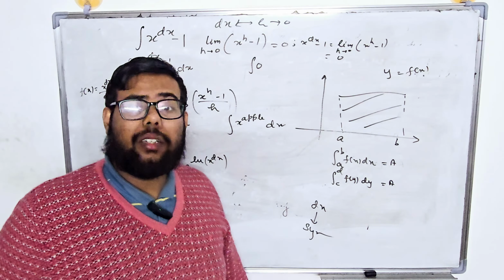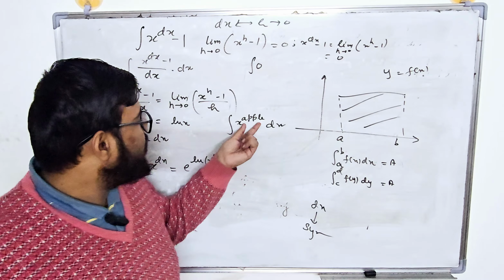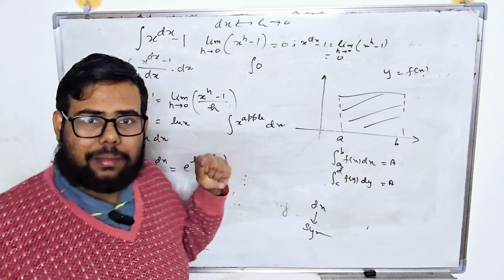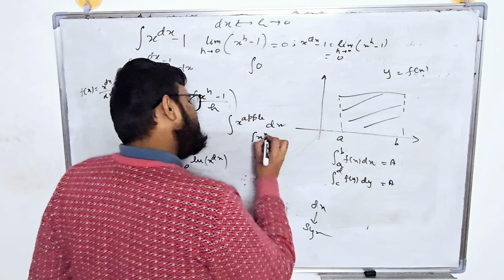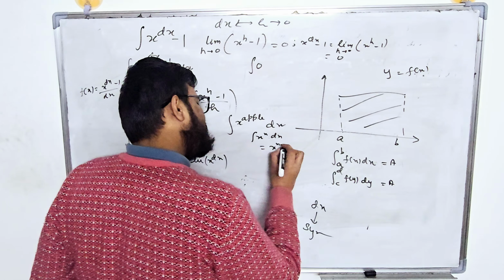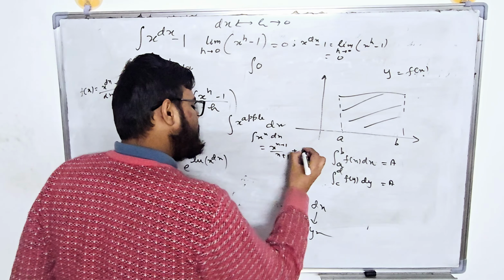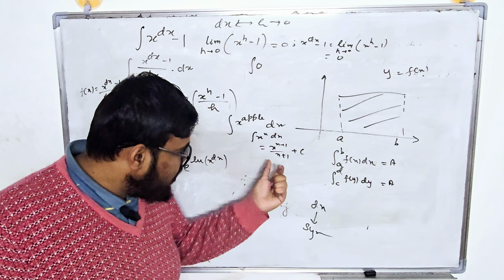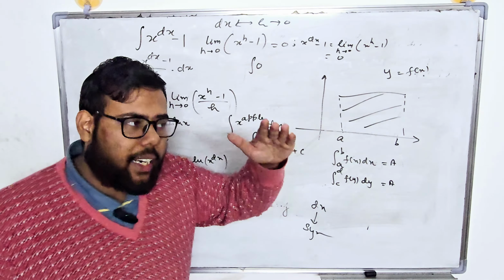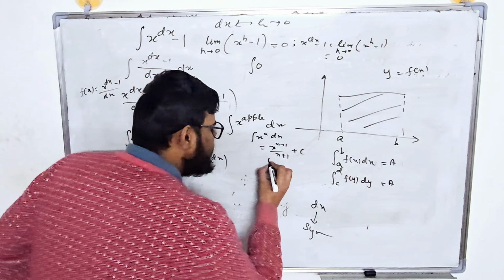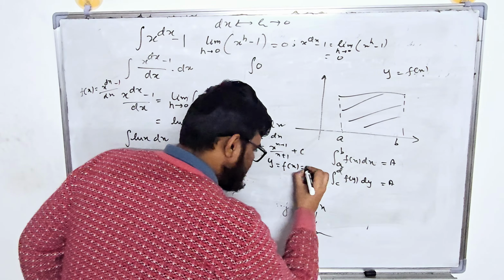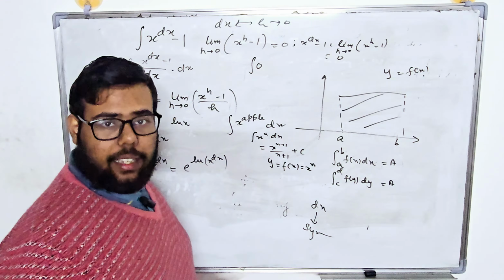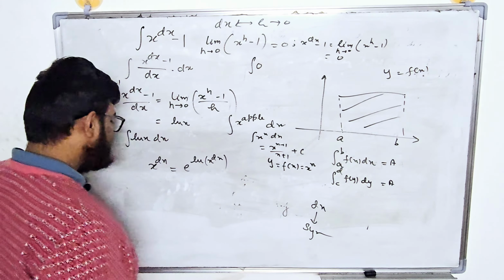Does it make any sense? No. Why? Because apple is a symbol, not a number. When we say the integral of x to the power n dx is equal to x to the power n plus 1 divided by n plus 1 plus some arbitrary constant, this makes sense, because it is the area under that curve. Which curve? y is equal to f(x) is equal to x to the power n, right?